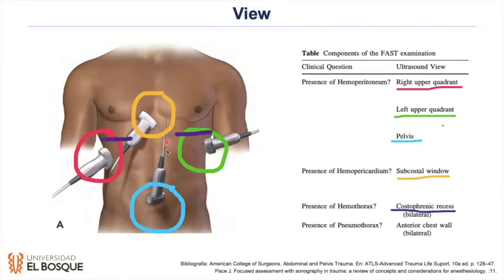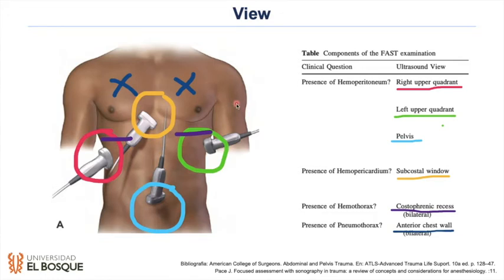Also, if you're looking, for example, for a hemothorax, you're going to look at the costophrenic recess, but this area here, you can also look at in the upper quadrants view. And if you're looking for a pneumothorax, you can also see it in the anterior chest wall.